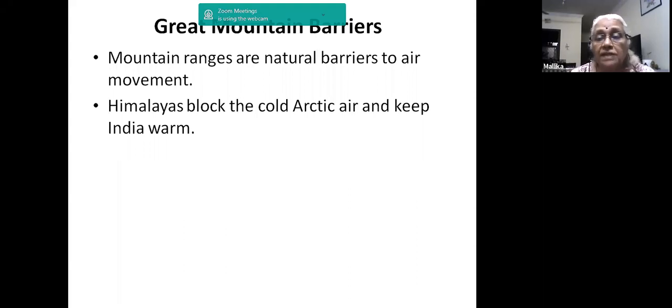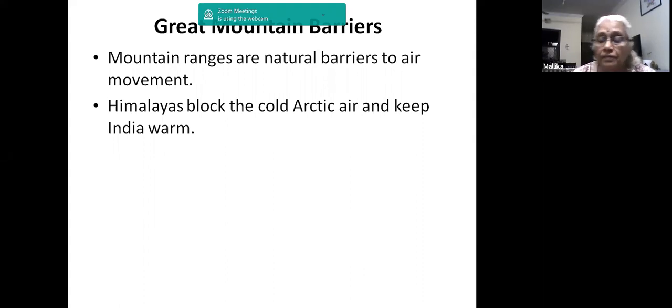More important, it does not even have any valleys or anything cutting across. It's one continuous mountain range, especially starting from the Nepal Himalayas right across. So the cold air is not allowed to enter into India at all.